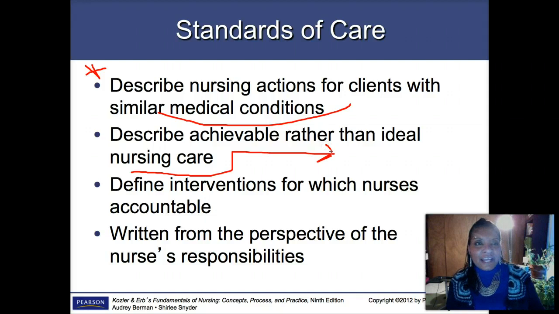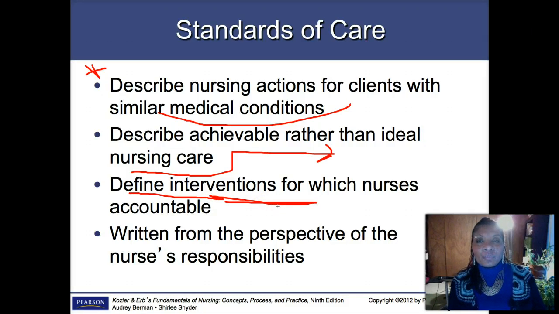You're not going to say that a patient who has a right below the knee amputation is going to walk without assistance the day after surgery. That's neither realistic nor achievable. So your interventions you're accountable for. You don't want to have a patient with chest pain and not offer the intervention to put them on telemetry and give them the appropriate medication.